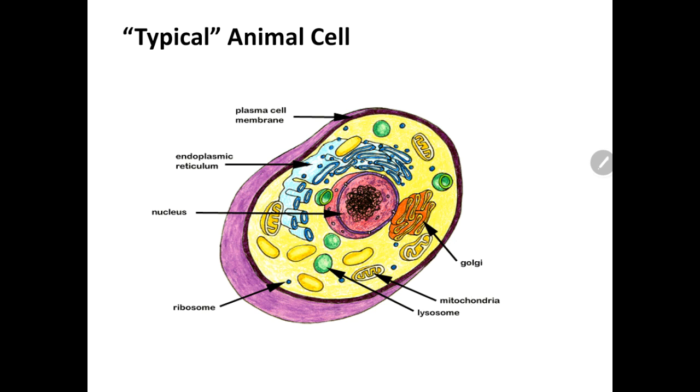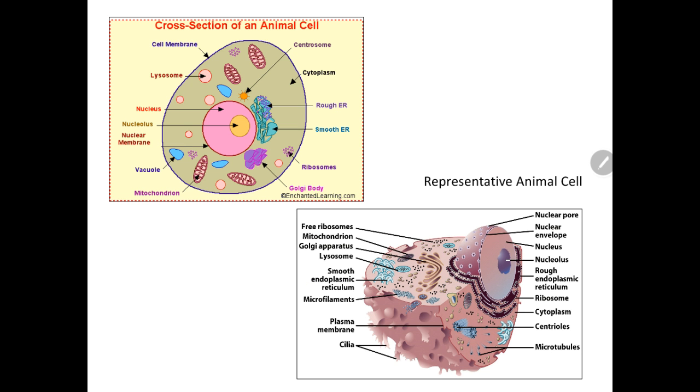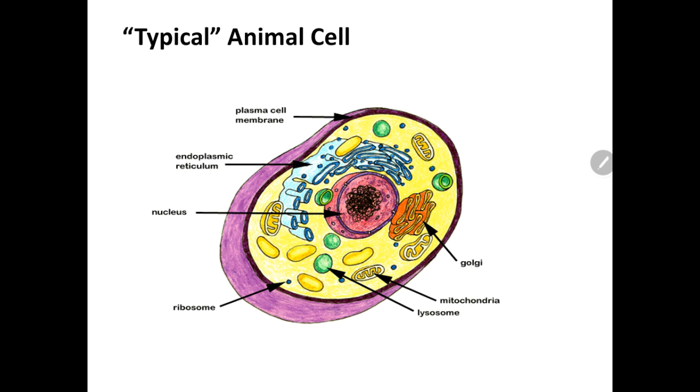This is the view of a typical animal cell. You can see this border. This is the cross section of an animal cell. You can see this violet color border, that's the plasma membrane.